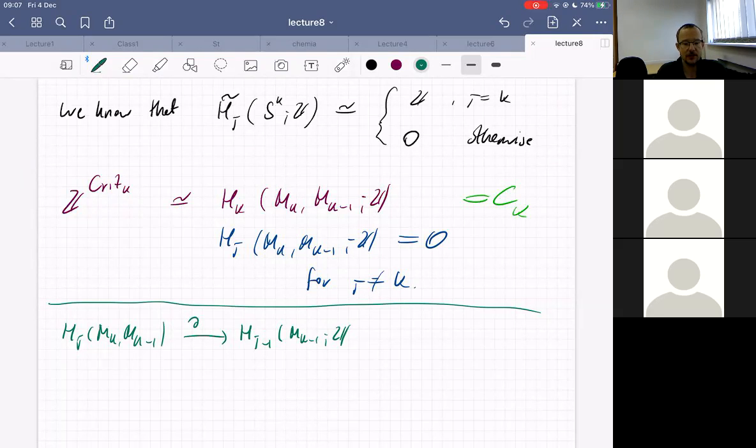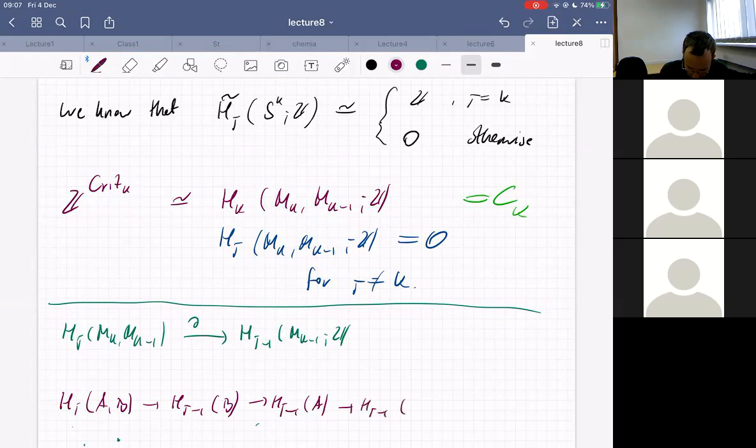Let me write it in an abstract way. What is the long exact sequence of a pair? HJ of (A,B) goes to HJ minus 1 of B, goes to HJ minus 1 of A, goes to HJ minus 1 of (A,B), goes to HJ minus 2 of B, and so on.